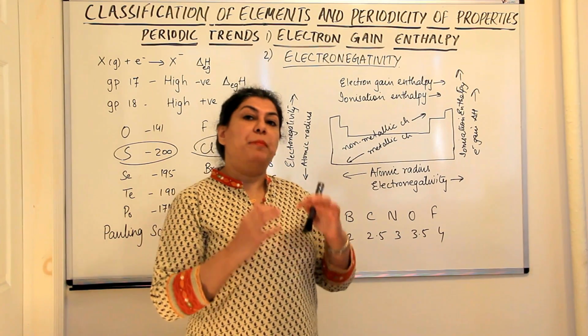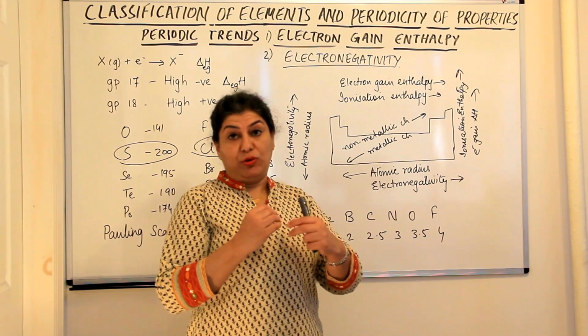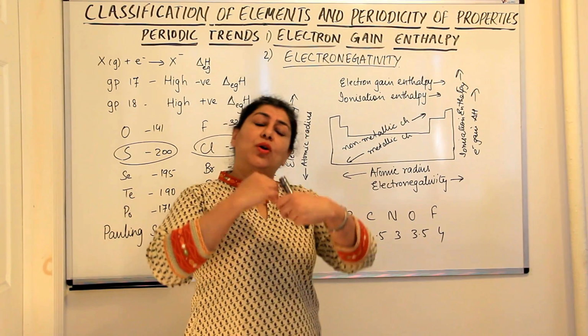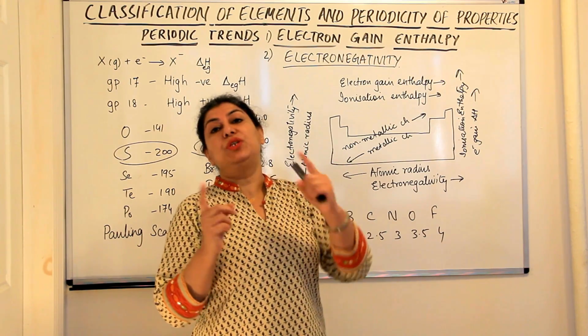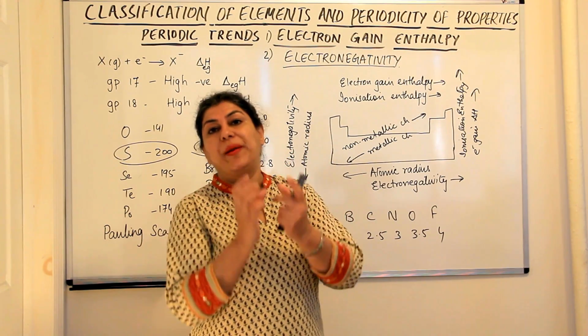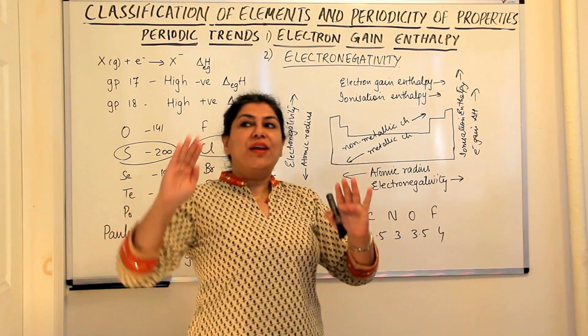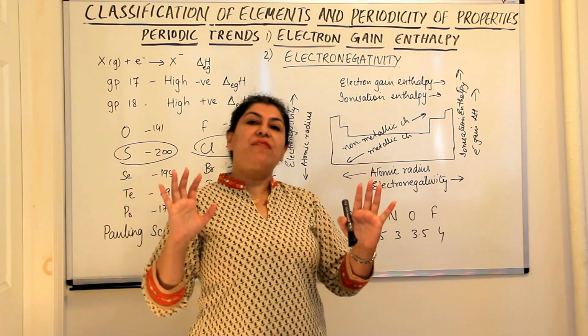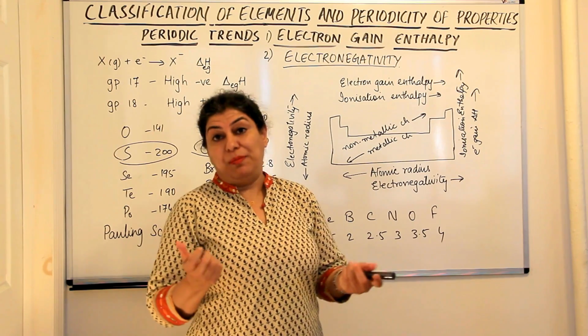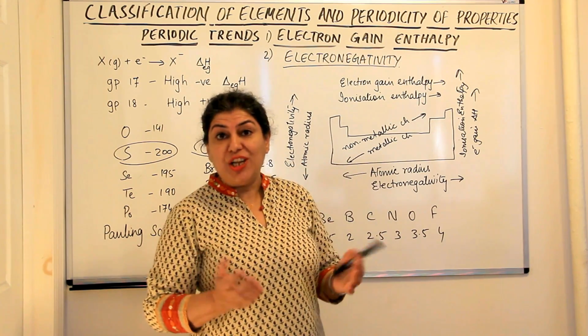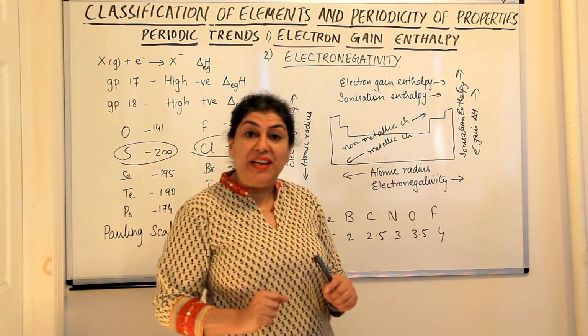In covalently bound molecules, we'll study about chemical bonding later. A covalent bond is formed when two electrons are shared between two atoms, or a pair of electrons is shared. One of these atoms would have a stronger tendency to pull the electrons towards itself. Maybe because of its higher nuclear charge, maybe because of its lesser screening effect.